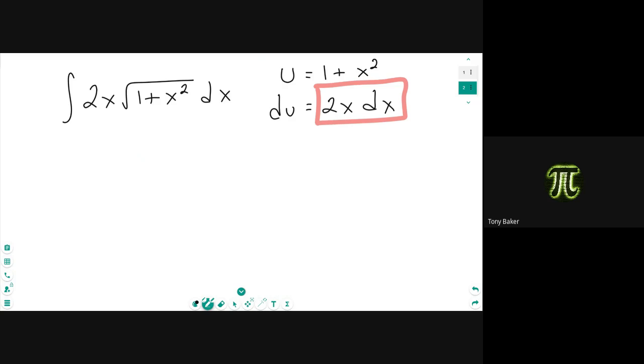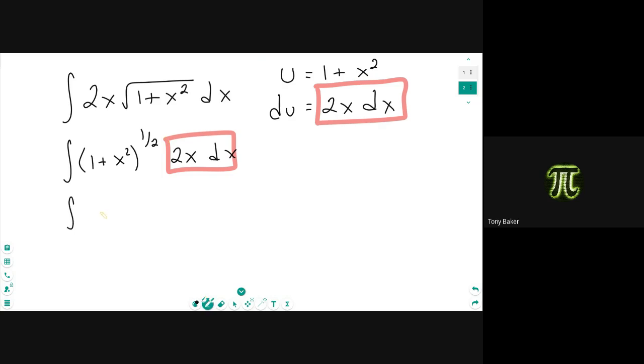Okay. So now if I look over here, if I rewrite this a little bit, there is my 2x dx.